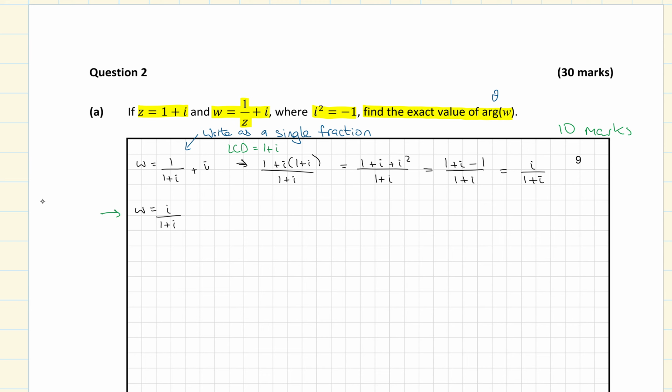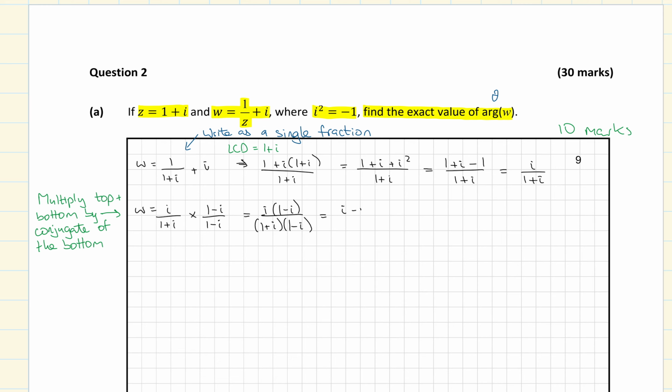And then here we need to multiply top and bottom by the conjugate of the bottom. So the conjugate of our denominator here will be 1 minus i. So that's i times 1 minus i over 1 plus i times 1 minus i.